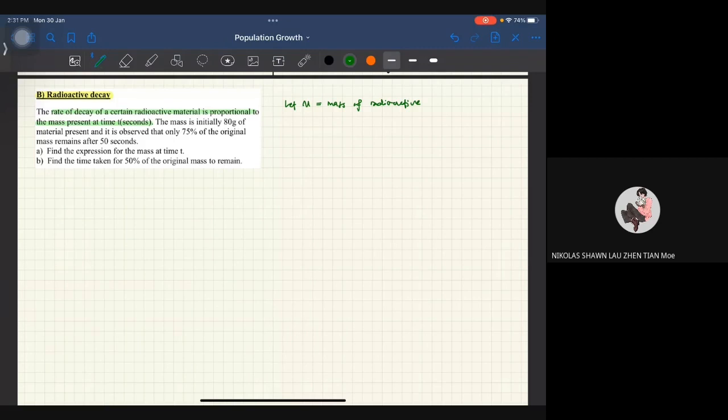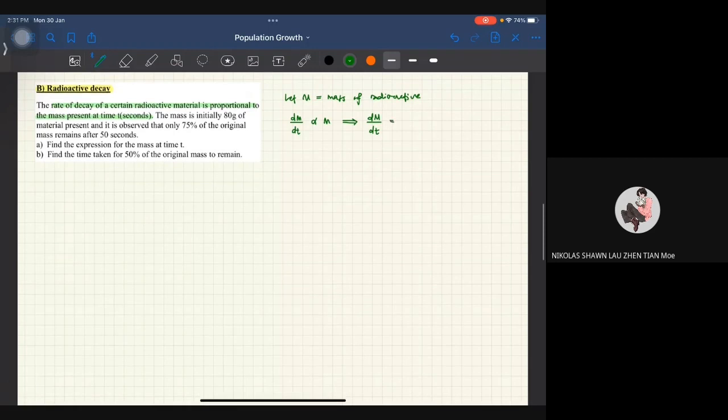So, kalau kita tukarkan dia kepada bentuk mathematical way, so dia akan dapat dm over dt. Okay, again, dia adalah directly proportional. So, dia jadi macam ni. And then, dia ada M. Okay, so awak boleh tukarkan dia kepada dm over dt equals to negative km. So, kenapa dia jadi negatif?